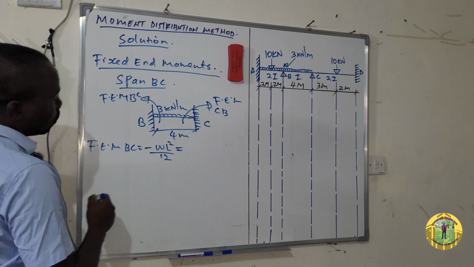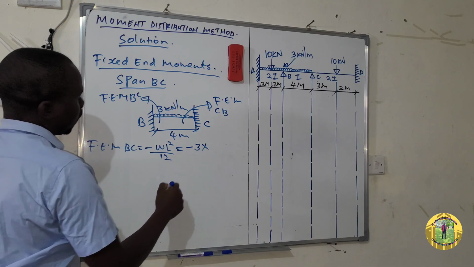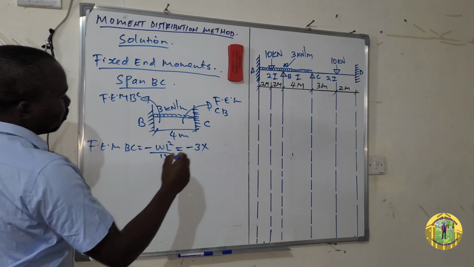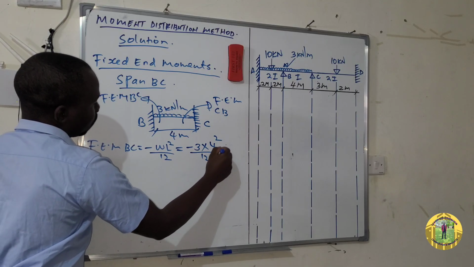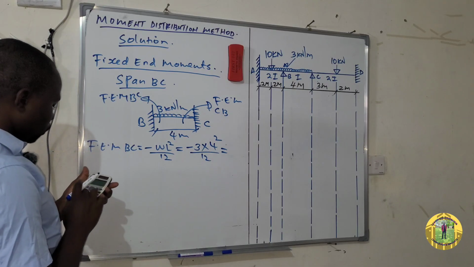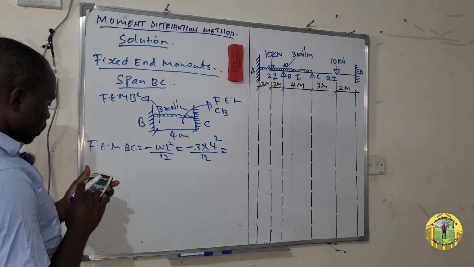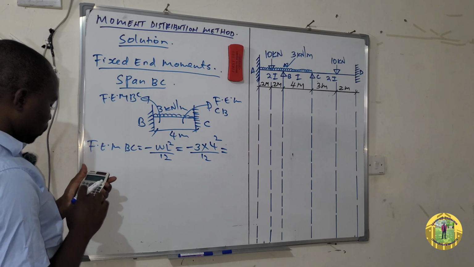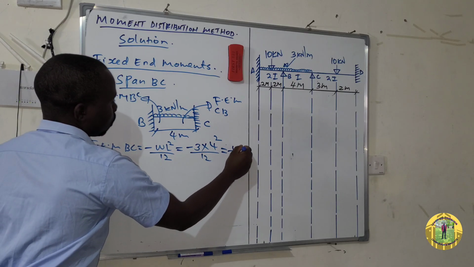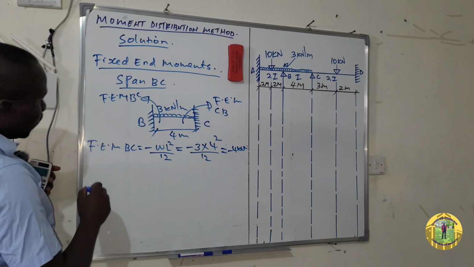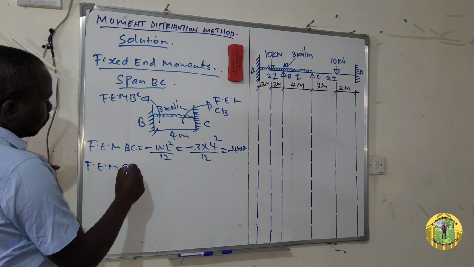So this one is equal to minus 3 times 4 square all over 12. So it's negative 4 kilonewton meter.